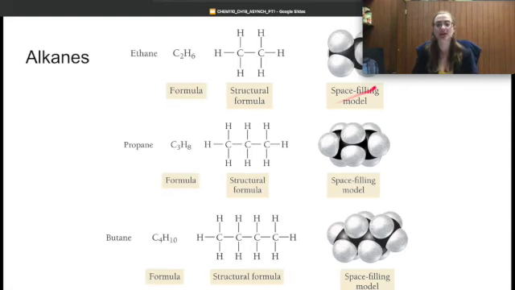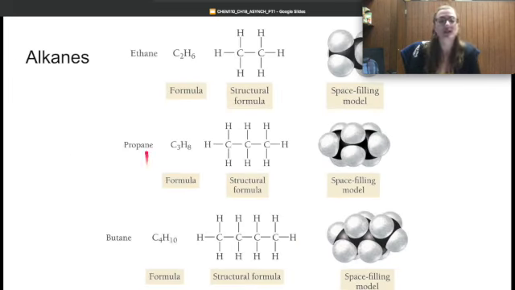So let's look at some other alkanes over here. So here we have ethane, propane, and butane. You may have heard of propane and butane before. Those are often fuels that we use, like a propane grill or a butane torch or something like that. There are propane torches as well.